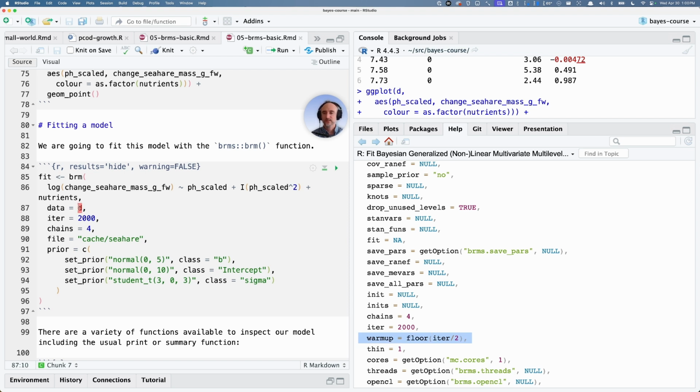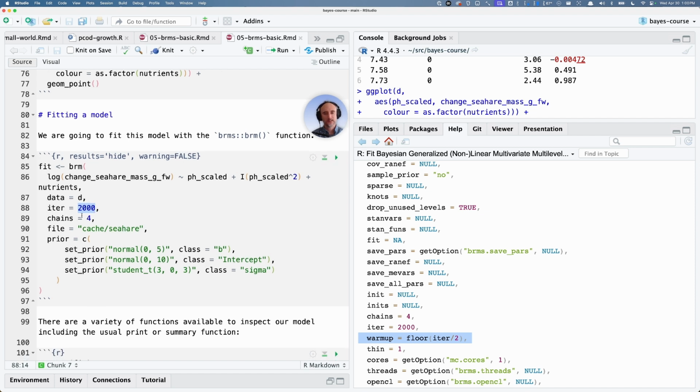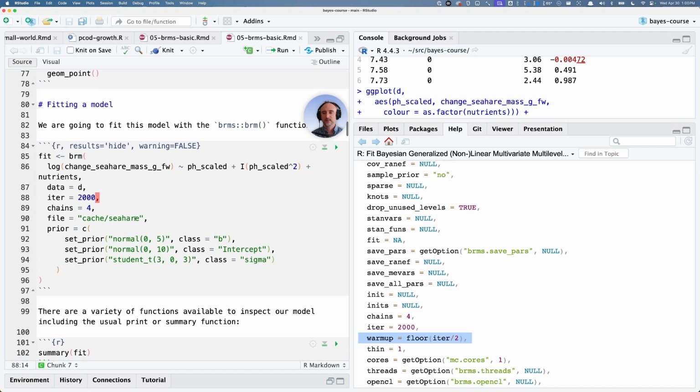So by default, and what's going to happen here, the first 1,000 iterations of each chain are going to be discarded as warm-up, while the no U-turn sampler is being adapted, and then we will record samples after those 1,000 for each chain.